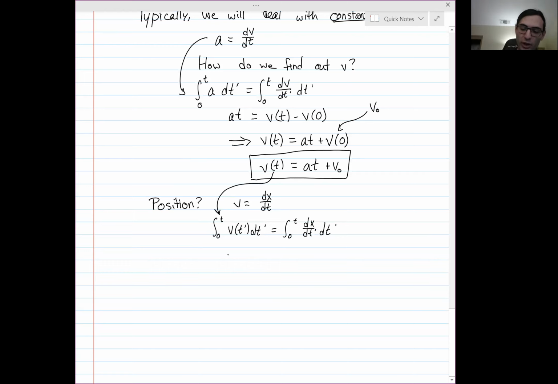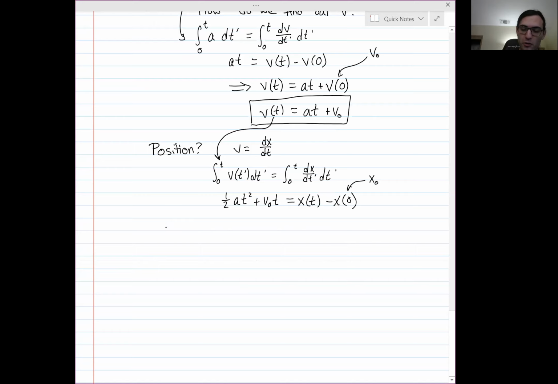We are left with 1/2 a times t squared plus v naught times t. There would be a term that would be all of that stuff times 0, but it's just 0. And this gives us x of t, again by the fundamental theorem of calculus, minus x of 0. We're going to call x of 0 x naught, the position at time t equals 0.